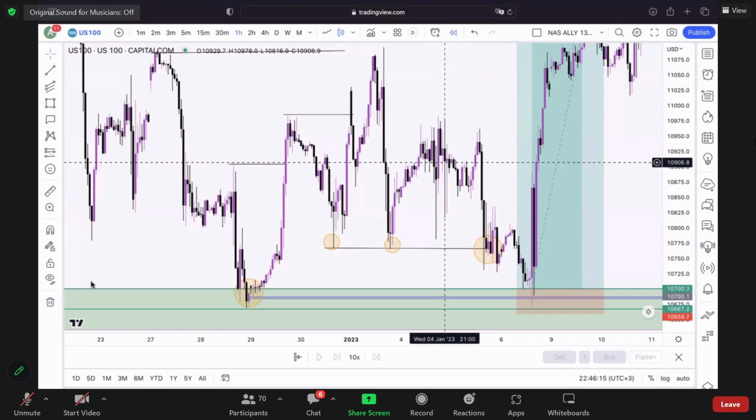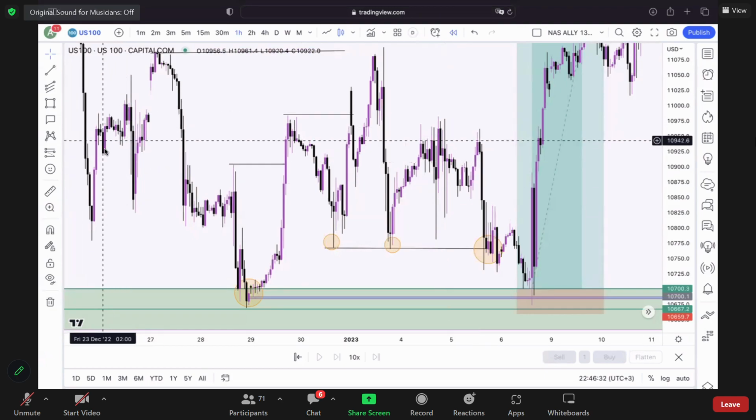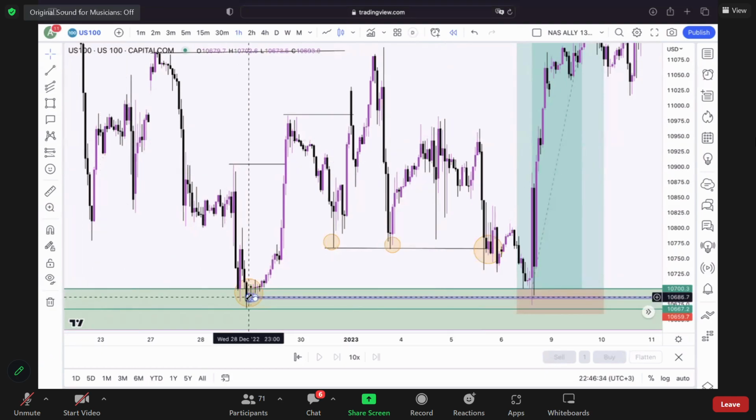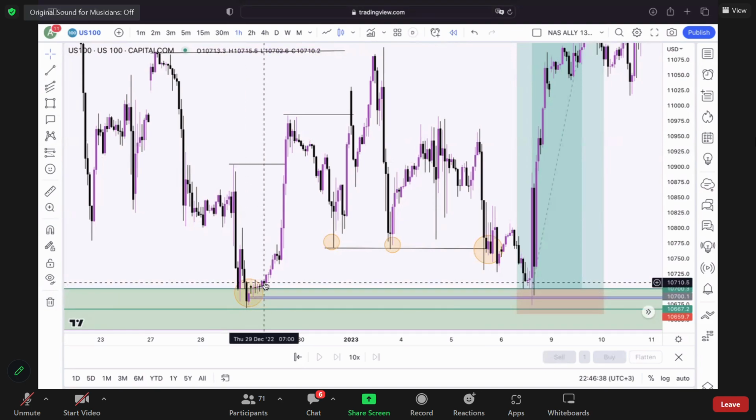No stress. Somebody else had a question before I move on. What if there are maybe 5 candles after the order block? What's happening? For example, this one, we had a few candles happening. All they're doing there is basically putting in their orders.